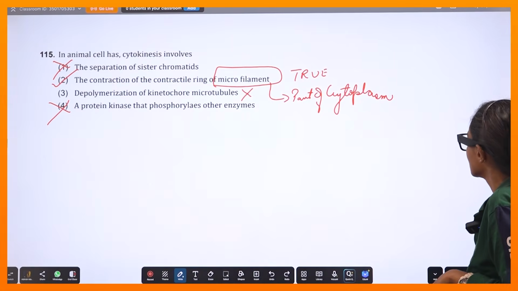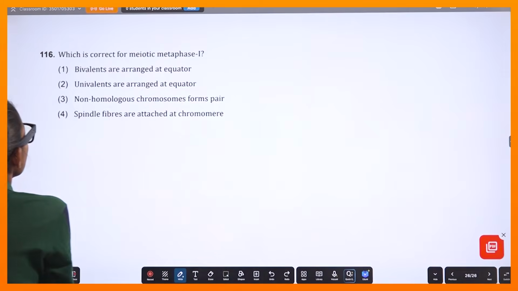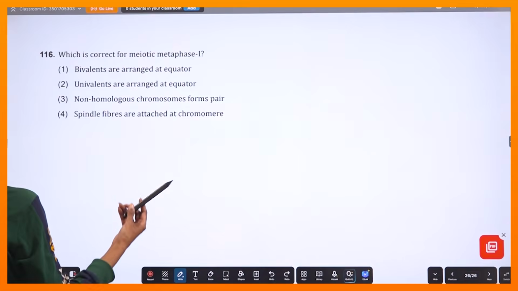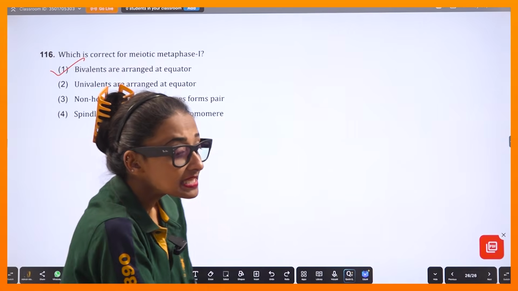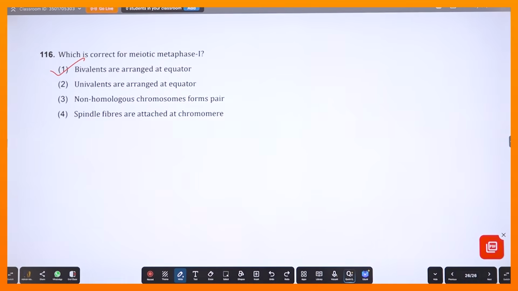Option 2. Which is correct for metaphase 1? In metaphase 1, bivalents, that means one pair of homologous chromosomes, will arrange at the equator.